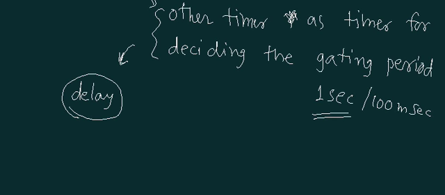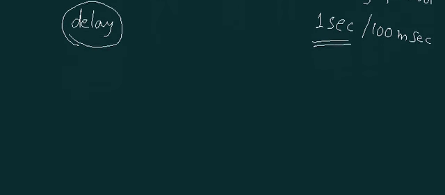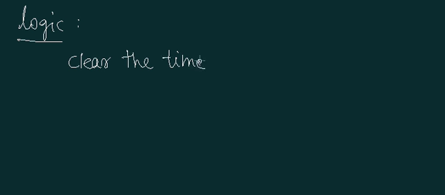So, the logic is something like this. The logic is: clear the timer. Now, do we know what clearing a timer is? It is equivalent to saying TH0 = 0 and TL0 = 0 as far as C programming is concerned.